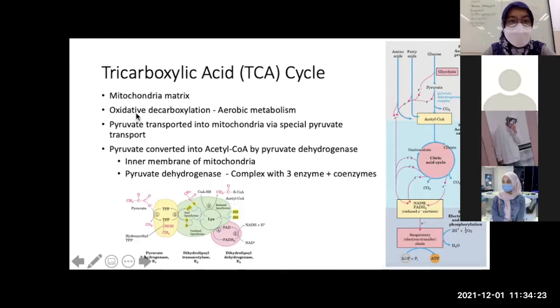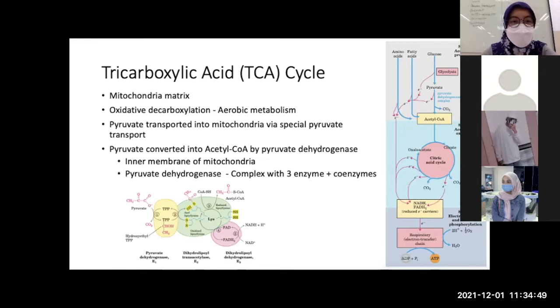Another name for the reaction is oxidative decarboxylation. When we use the word oxidative, it means that the reaction requires oxygen, so it has to happen in aerobic conditions. That's why it happens in the mitochondria, because mitochondria has a lot of oxygen and oxidative molecules.